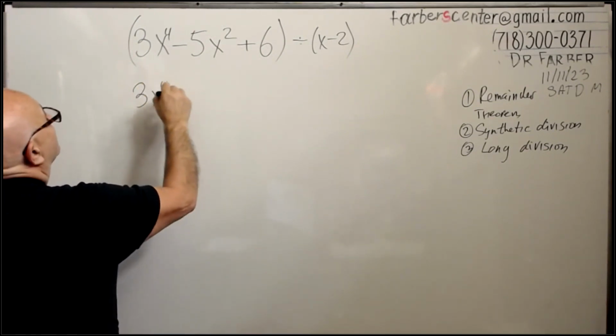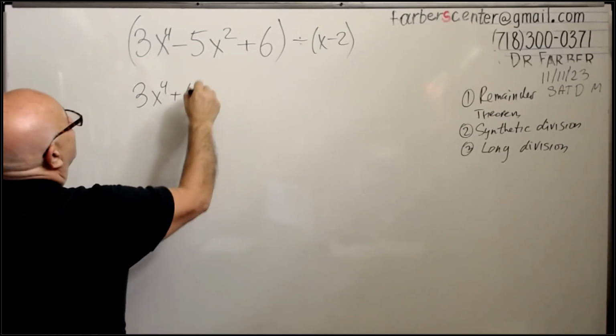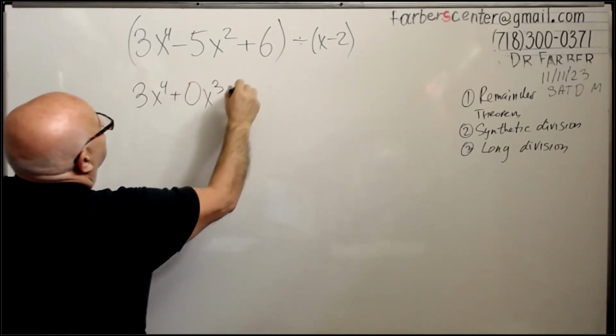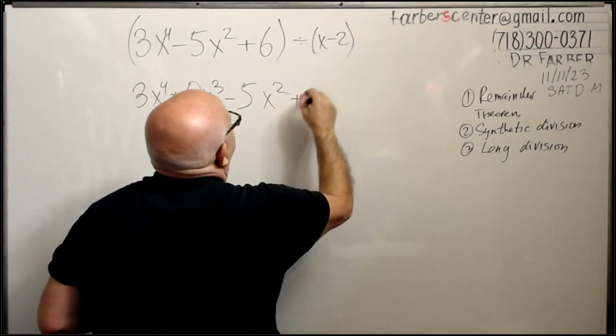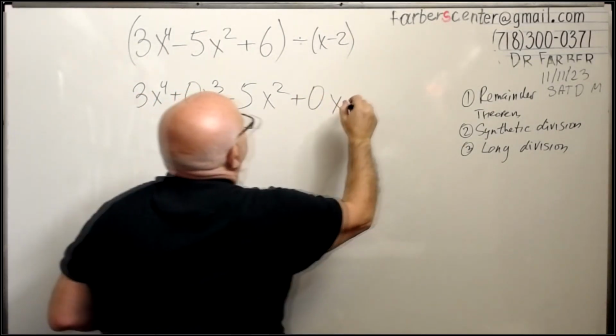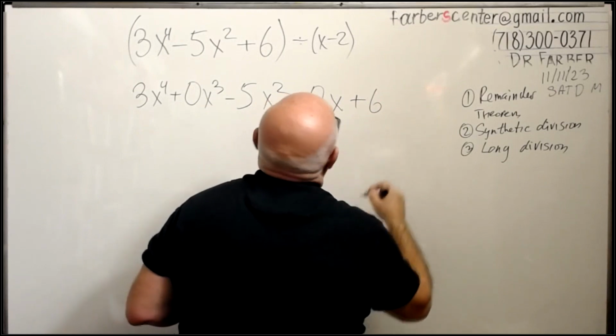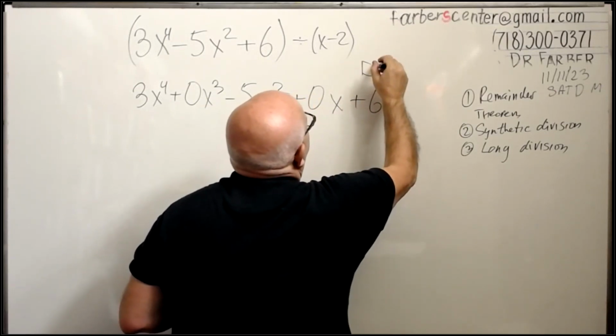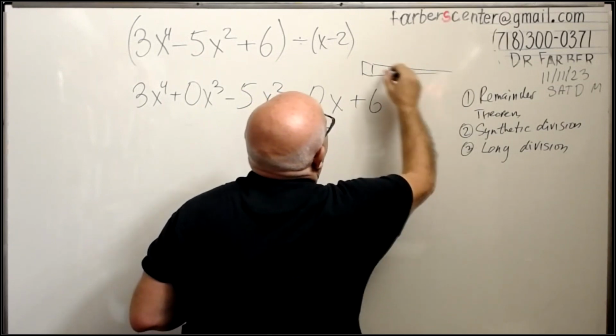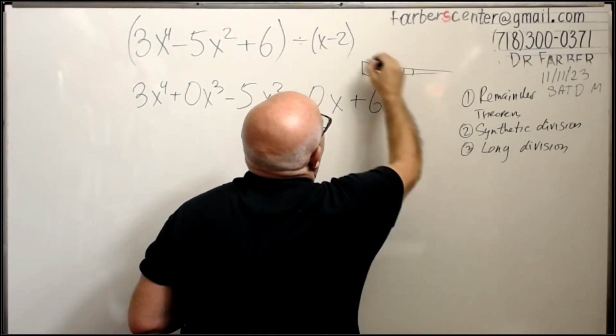3x to the fourth plus 0x to the third minus 5x to the second plus 0 times x and plus 6. Right? It's like a train. You see a train station, and it goes like this. All cars go smaller, smaller, smaller.